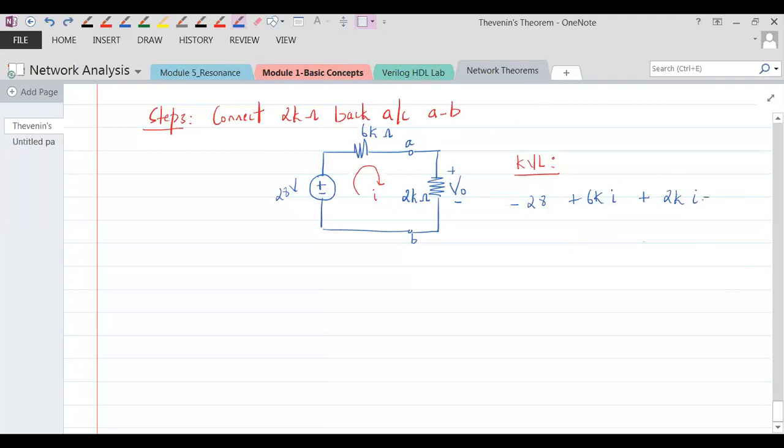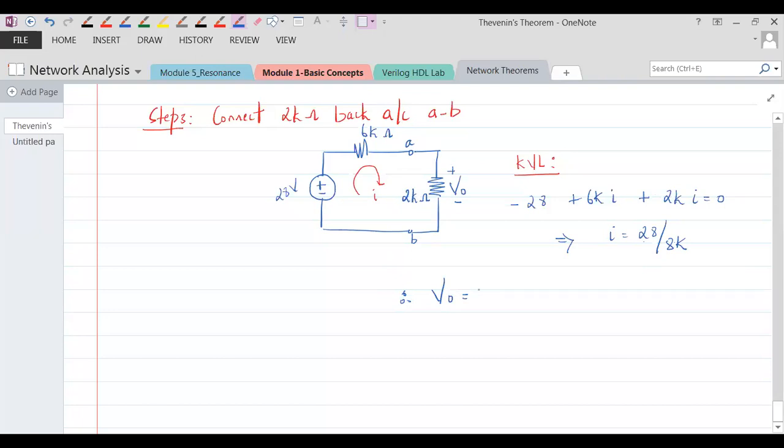Equal to 0. So this implies that our I is 28 divided by 8K. So therefore, what would be our V naught? See here, V naught is here. I is approaching the positive sign, right?